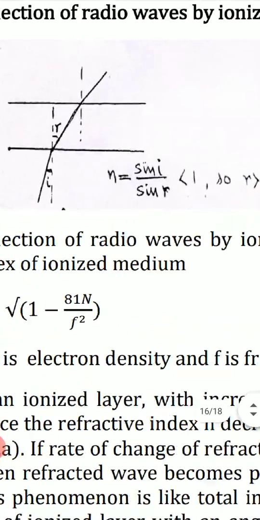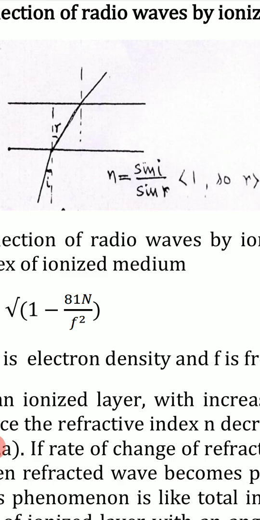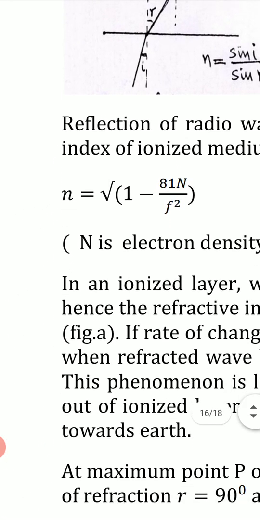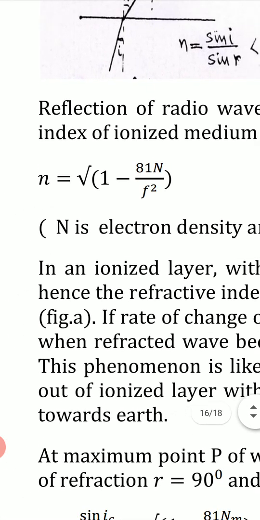Look at this figure. If this radio wave is incident on an ionized layer, and the angle of incidence is I and the angle of refraction is R, then n is equal to sin I upon sin R. And from the formula, we see that n is less than 1.